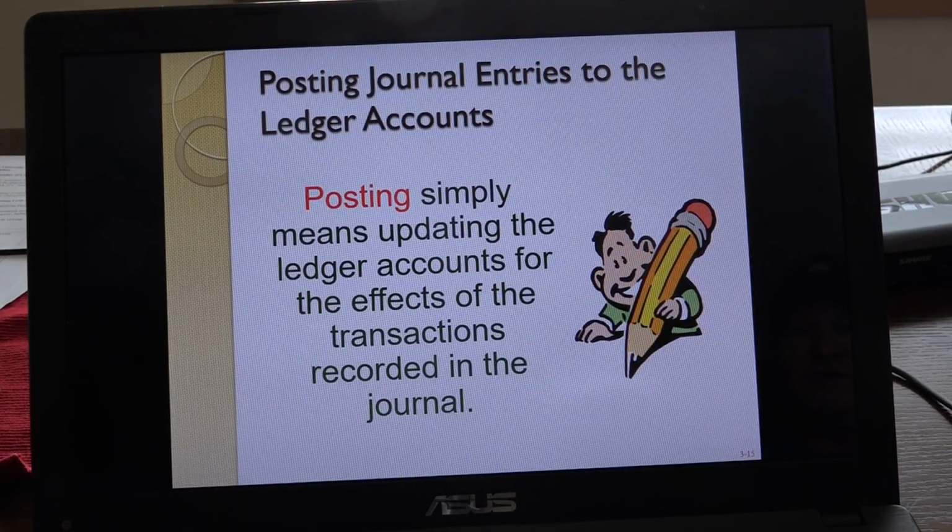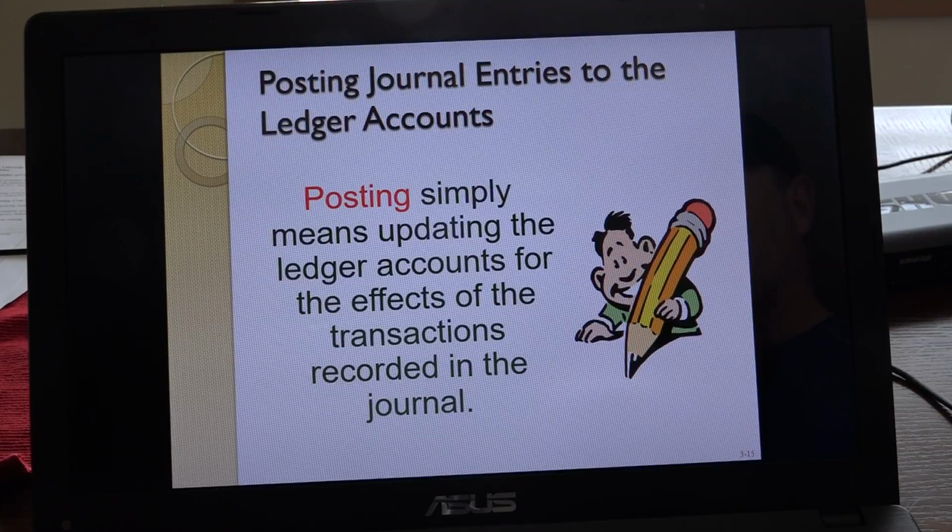Again, posting is simply updating ledger accounts for the effects of the transactions recorded in the journal. So analyze first. If there's an effect on the accounting equation, you journalize in the general journal usually, unless it's a special type of transaction.